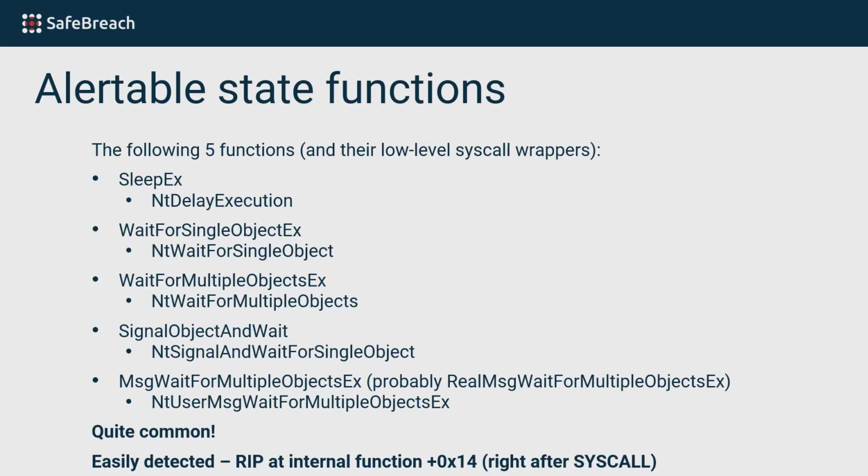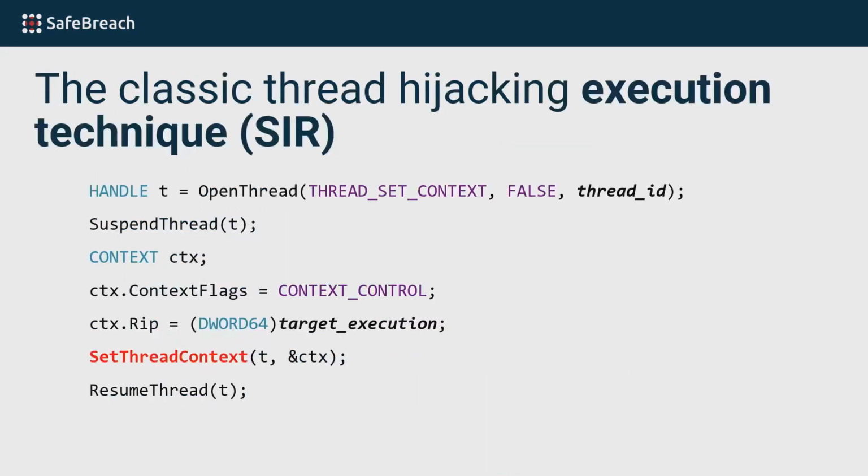All those five internal functions share the same structure, and it's always a syscall, and at the end of the syscall, it's hex 14. So if you see the RIP for a thread in SleepEx, say, plus hex 14, or in SignalObjectAndWait plus hex 14, it means that the thread is in an alertable state. Otherwise, it is not in an alertable state.